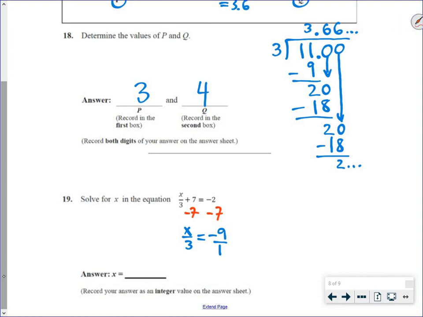To get rid of the 3 on the left side, we need to multiply both sides of this equation by 3. 3 divided by 3 on the left is just 1, so we're left with x, and negative 9 times 3 is negative 27. So x is negative 27.